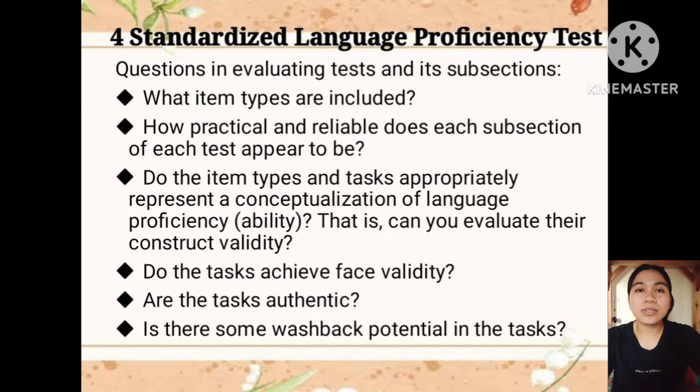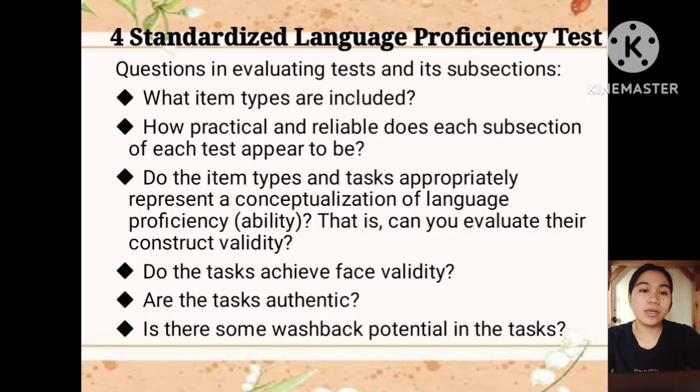I have also injected in here some of the questions that might be helpful in evaluating those aforementioned tests and their subsections. So the first one is what item types are included. Number two, how practical and reliable does each subsection of each test appear to be?